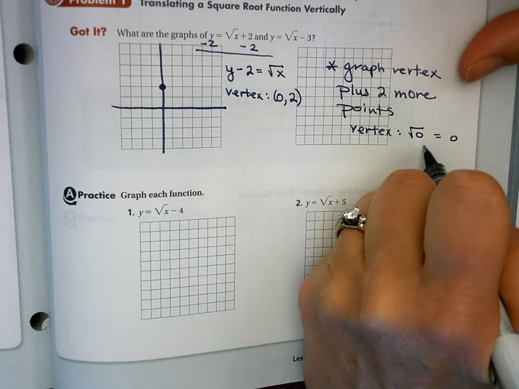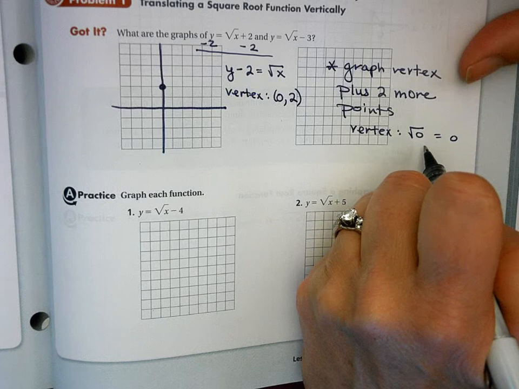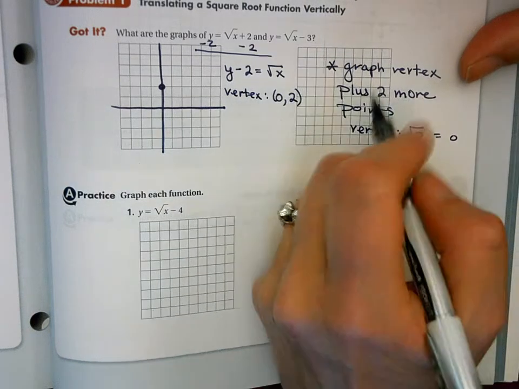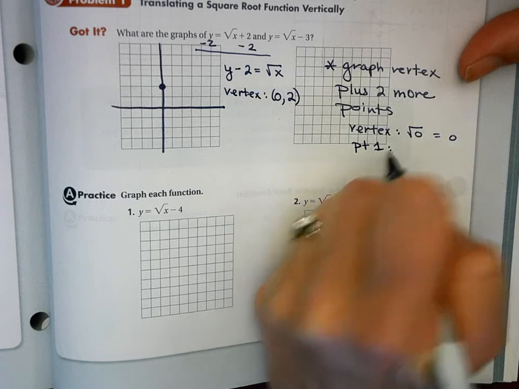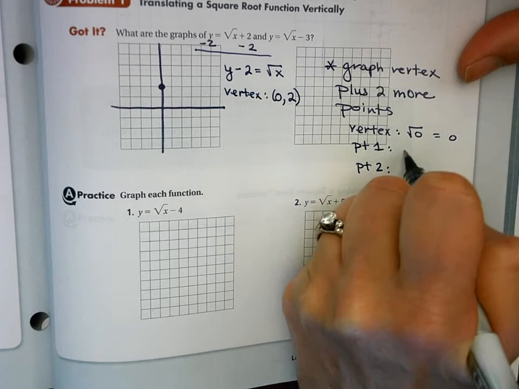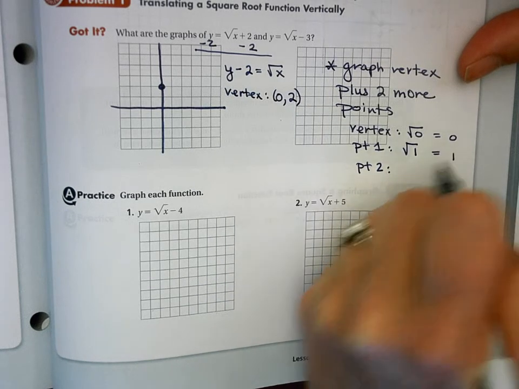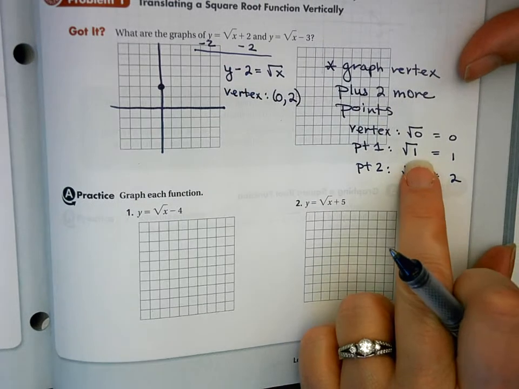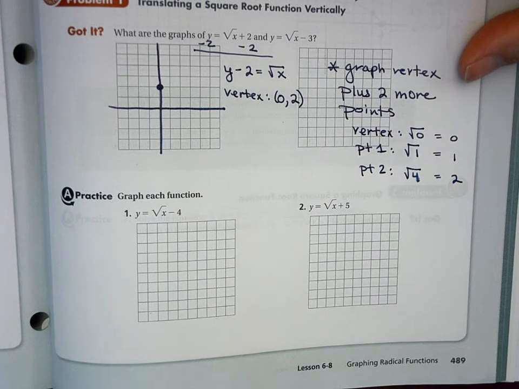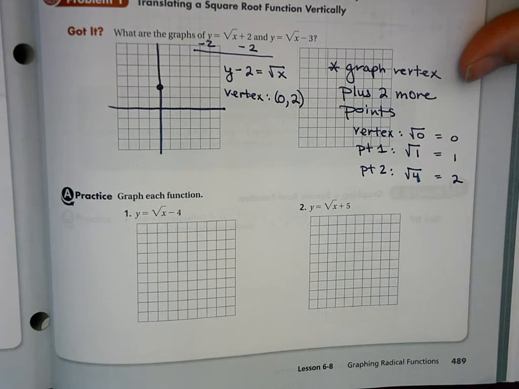That doesn't mean x is 0, it just means the result is 0. Your 2 more points come from the square root of 1 and then the square root of 4. Again, it doesn't mean x is 1, it just means the result is 1. We'll see an example of that in just a minute.